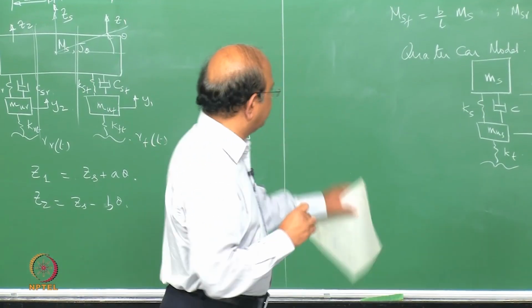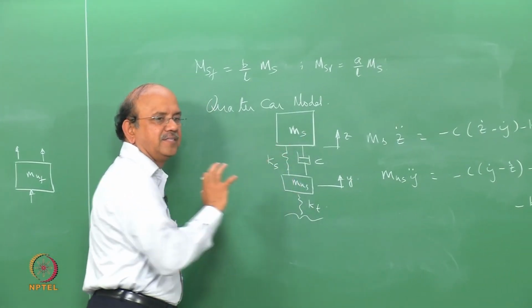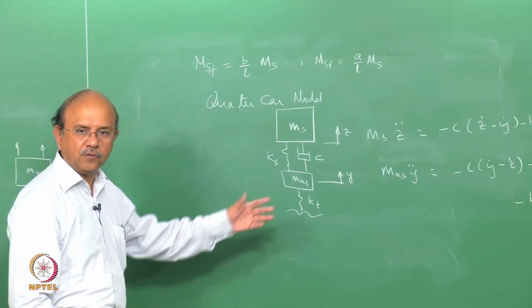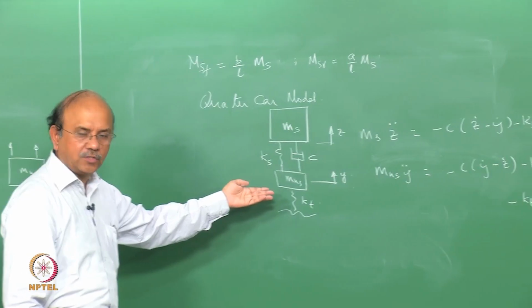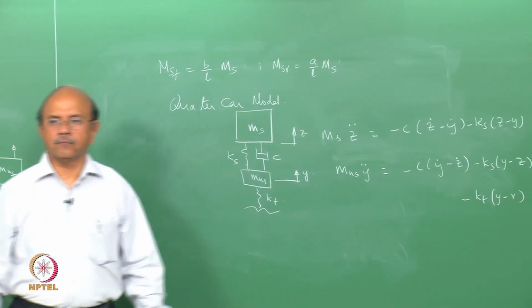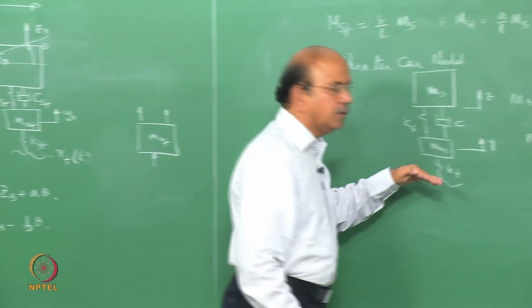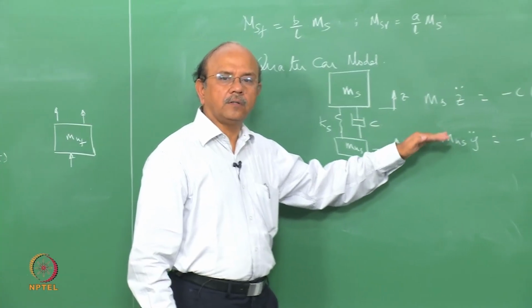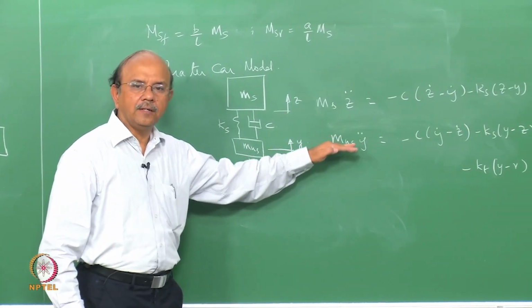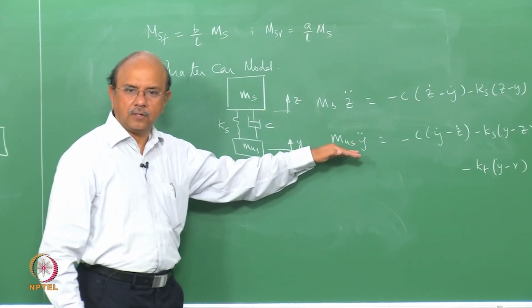In simple terms, in terms of what you have studied, you would see that there are 2 natural frequencies. One is called the wheel hop frequency, and the other is the body frequency. But more important thing also is that I'm going to write down the behavior or the ratio of y to r and z to r.